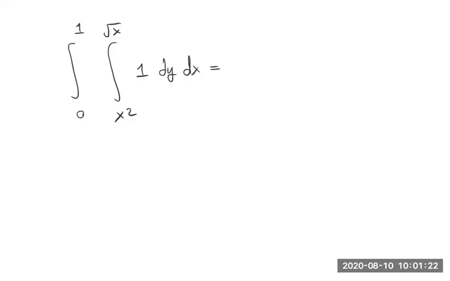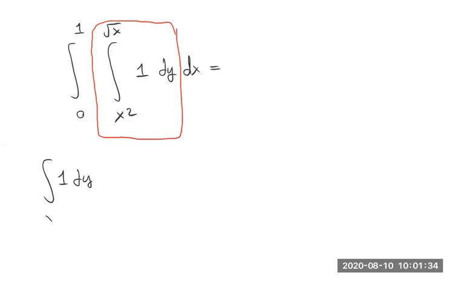First we compute the integral on the inside, the innermost one. It's the integral of 1 dy from x squared to square root of x. The integral of 1 with respect to y is just y. The values here are square root of x and x squared.